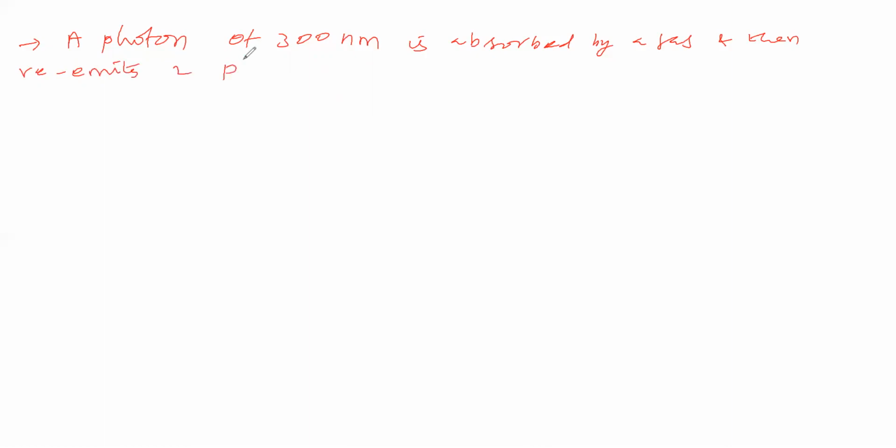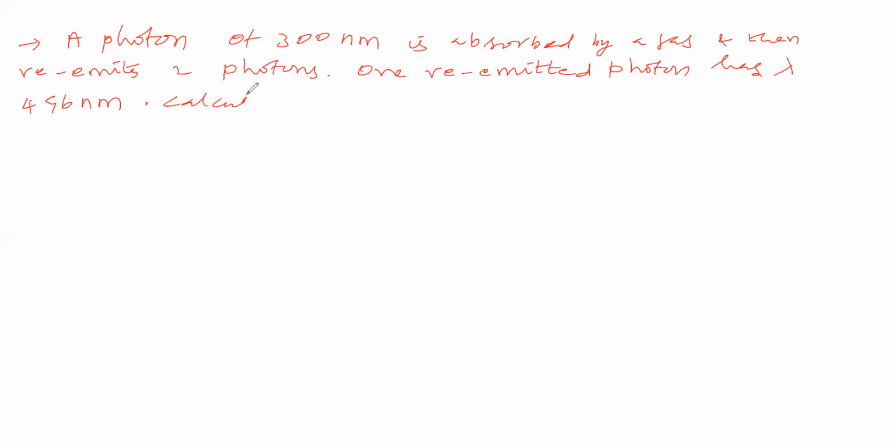One re-emitted photon has a wavelength of 496 nanometer. Calculate the energy of the other photon re-emitted out.